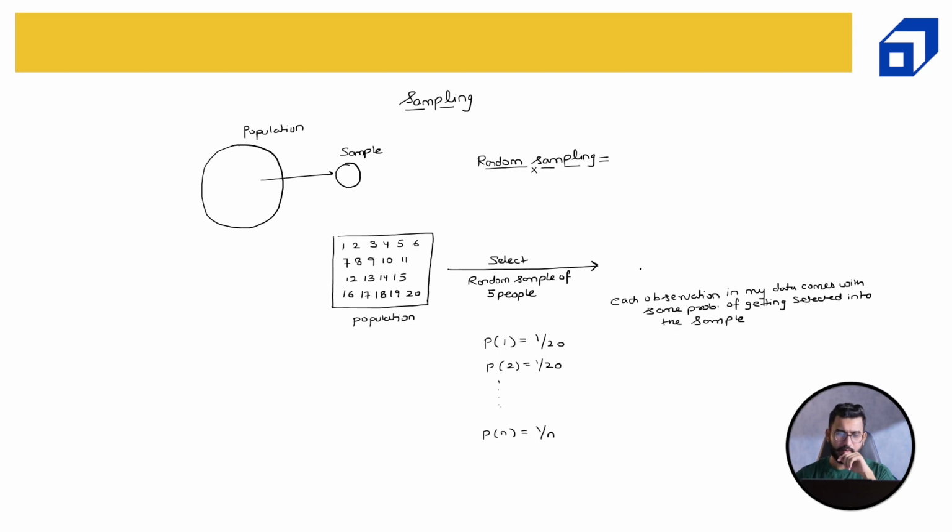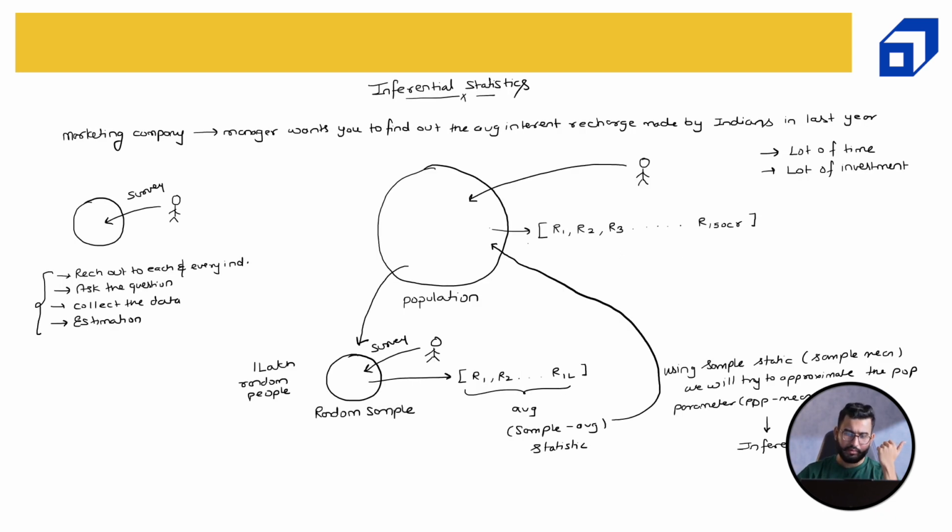So here my sample can be 5, 9, 2, 7 and 10. Why have I written 5, why have I written 9? I have just randomly selected these 5 numbers. So this is simple random sampling, and that is what I was talking about here, the simple random sample.